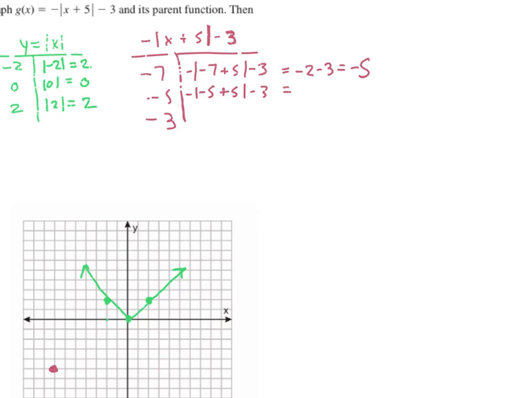All right, so plot the next 2 points on your own, and then we'll do it together.